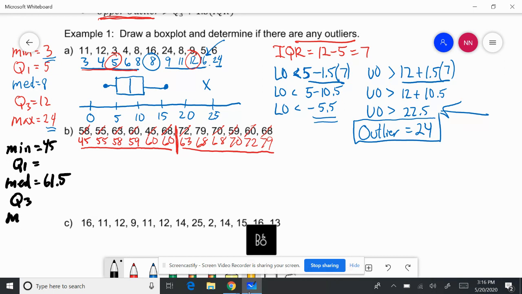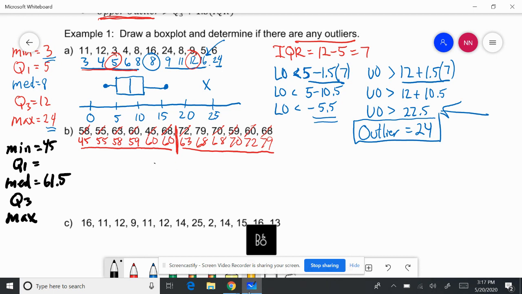Now, if you're not sure how I figured out the 61.5, what you could do is take the two numbers that are around the middle, 60 and 63, add them, and divide by 2. And that's one way of finding it if you can't figure out what's in between the two numbers.